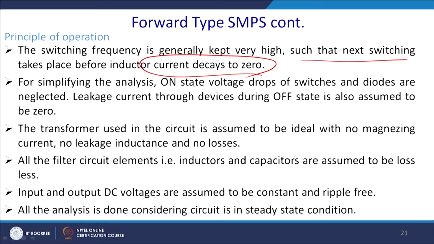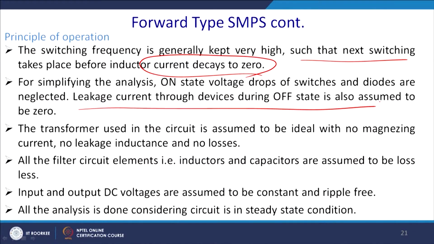For simplifying analysis, we have already discussed that ideal conditions are considered. That is, the drop across the two diodes is assumed to be 0. Turn on and turn off of the switches is lossless, and conduction loss of the switches is also 0. The leakage current through the devices in off state is assumed to be 0.